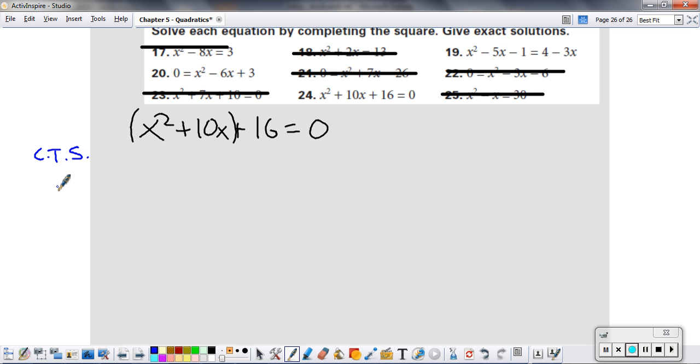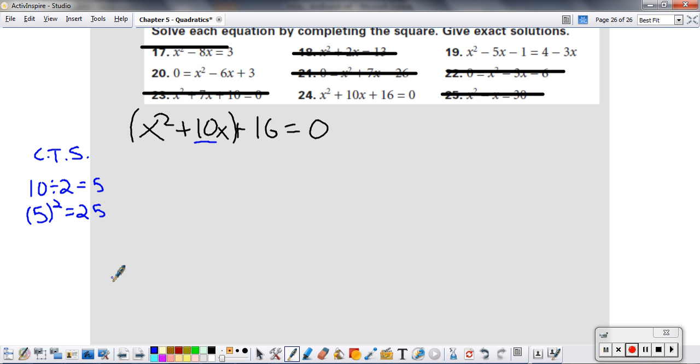Now, remember, the number that you need to complete the square is going to be based on this number 10. So you got 10 divided by 2 equals 5. 5 squared equals 25. That's the number you're going to use to complete the square.